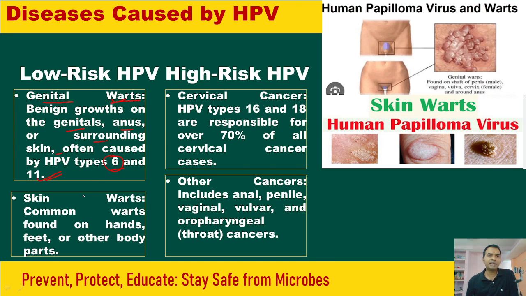And 16 and 18 produce cervical cancer. Very important: 70% of cervical cancer is produced by 16 and 18. Other cancers include vaginal, vulvar, and oropharyngeal throat cancer. And skin common warts are found on hands, feet, and other body parts. These are the warts.